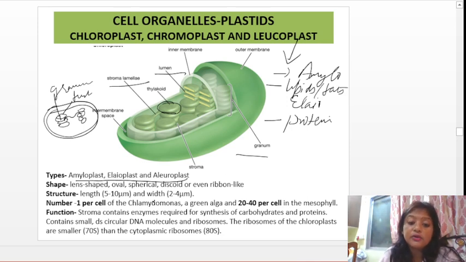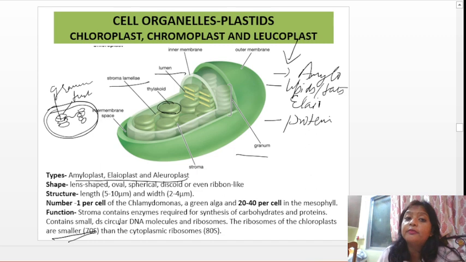Now what is the function out here? Remember one thing, that plastid is also a semi-autonomous organelle because it contains its own DNA. It also contains ribosomes, so it helps in protein synthesis. The ribosomes in chloroplast are 70S, and they are smaller than the cytoplasmic ribosomes.